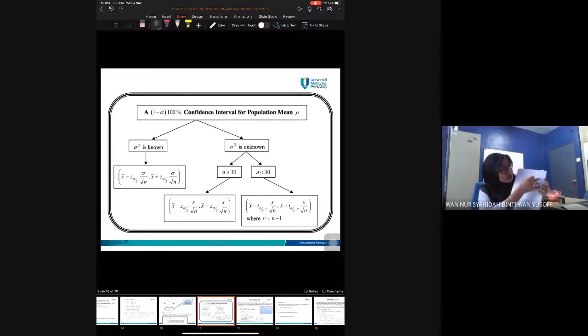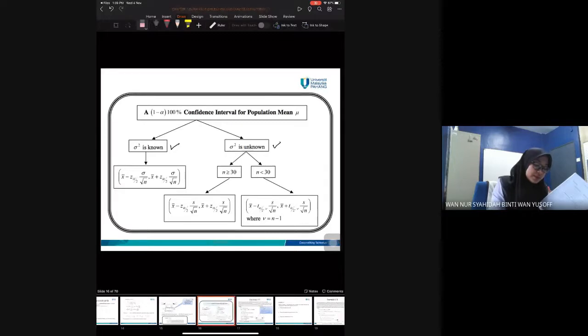But the formula in your statistical table is not as complete as your module, as the notes that we have here. For example, in this slide, you have the formula when sigma is known and sigma is unknown. I will discuss after this what it means. And for n greater than 30, and n less than 30.